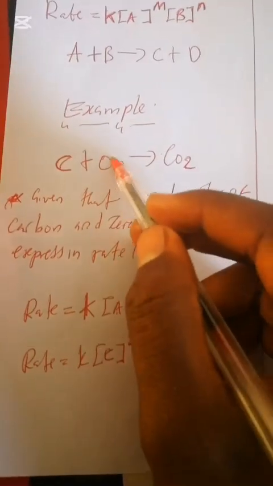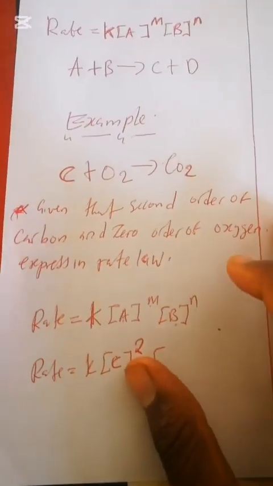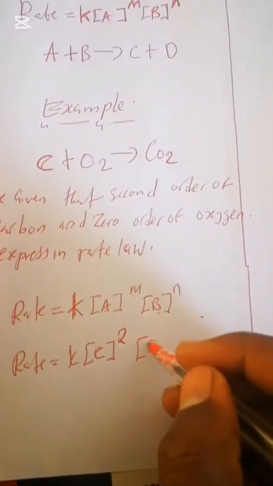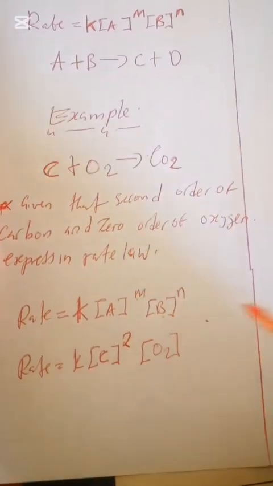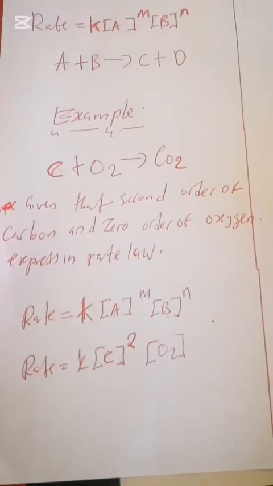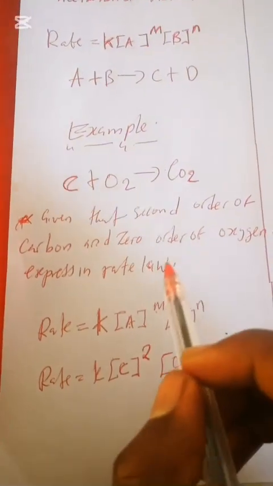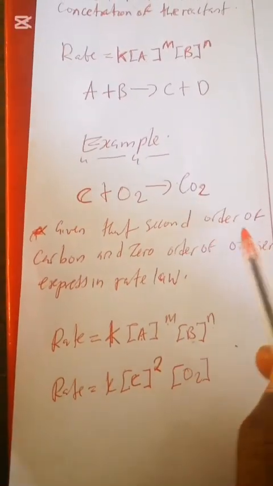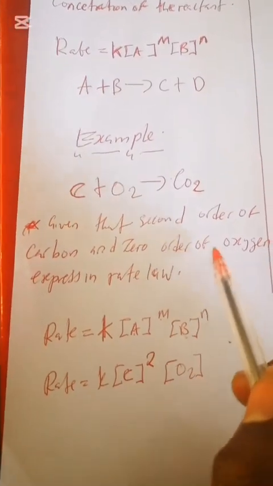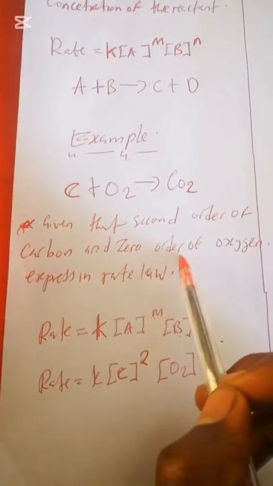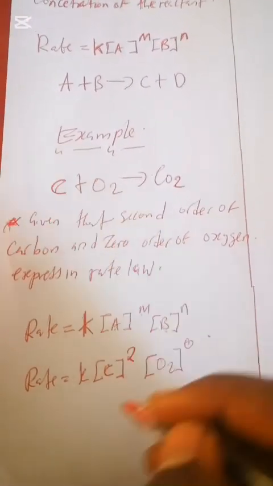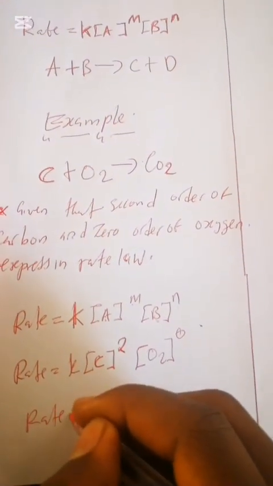What about B? We write the second reactant, which is oxygen, O2. O2 has what order? Given the second order of carbon and zero order of oxygen, oxygen has 0. That is how we express in rate law.